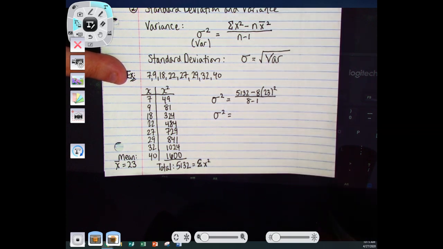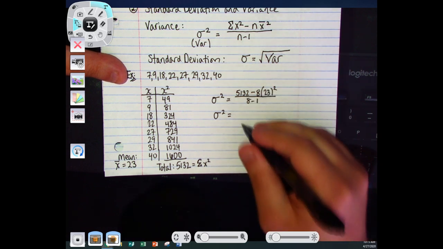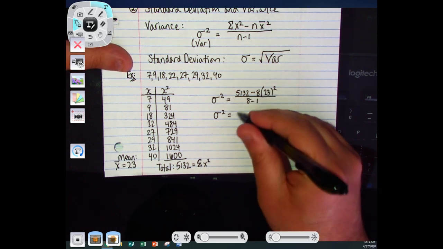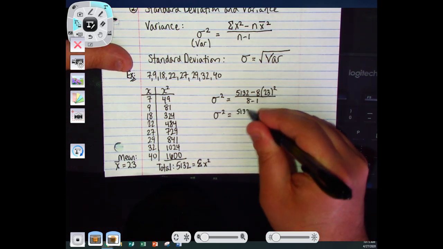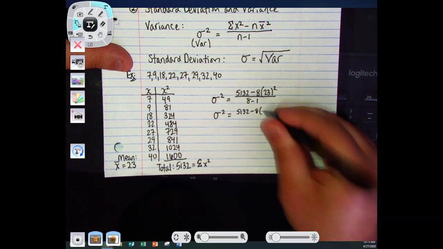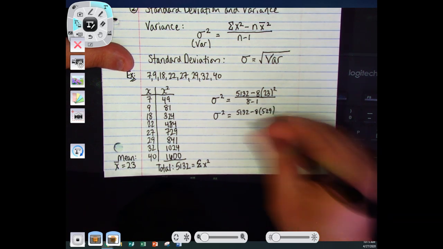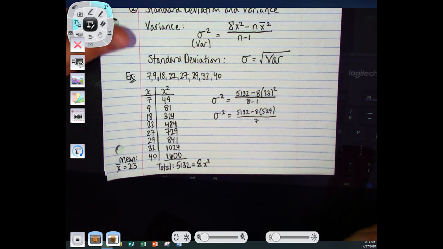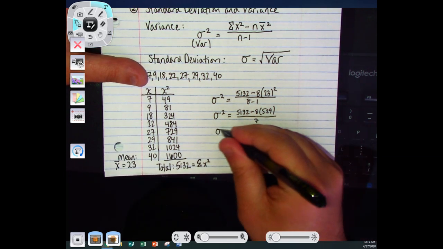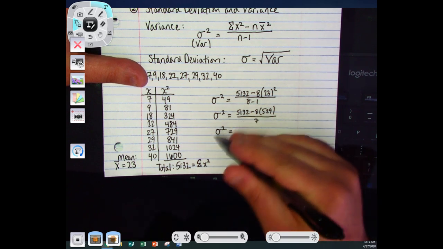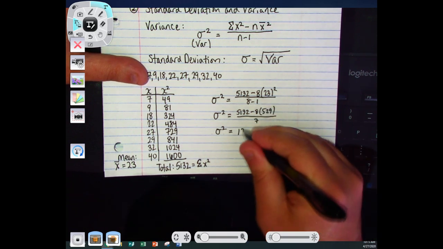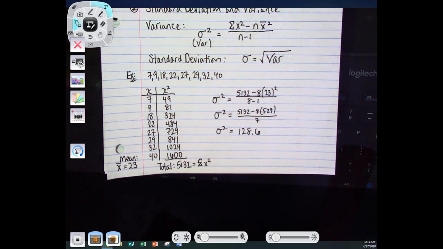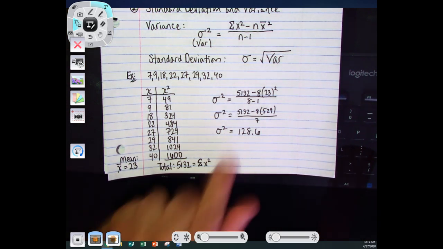When I calculate this, we end up with 5132 minus 8 times 529 over 7. And then we work that out to get 128.6. Now that's the variation.